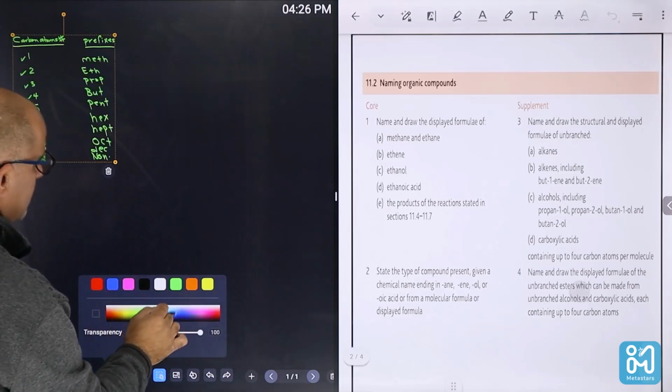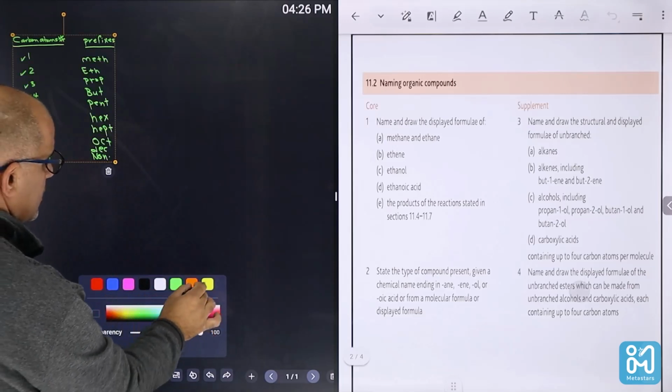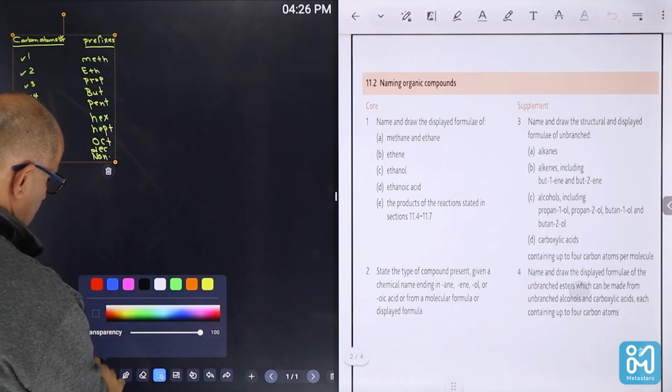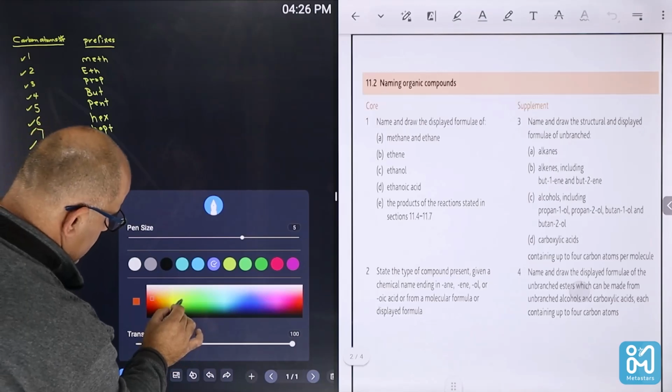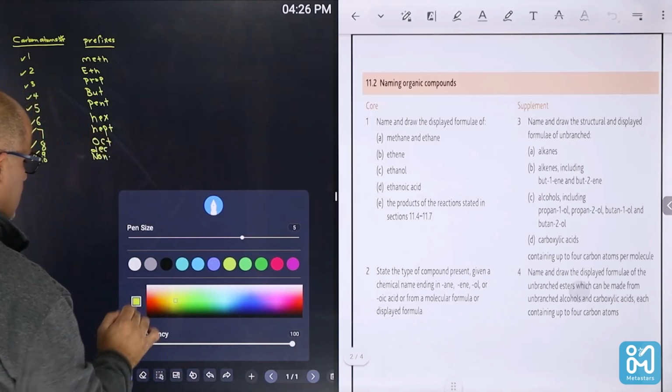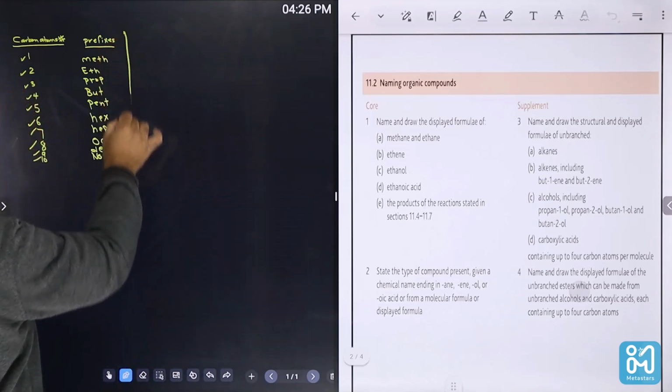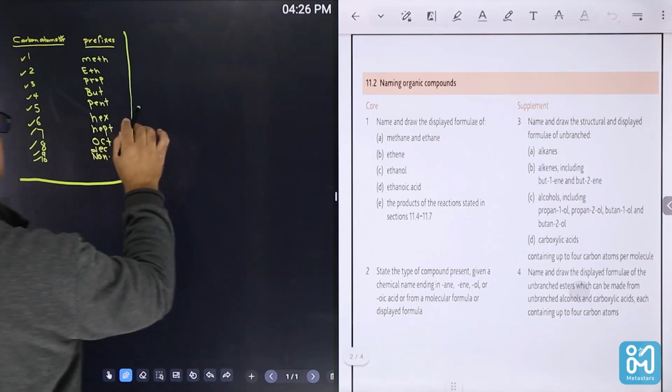For example, let us start with naming of alkanes.